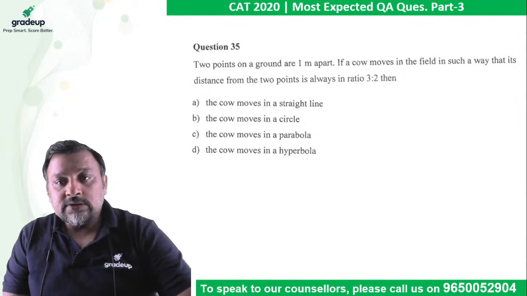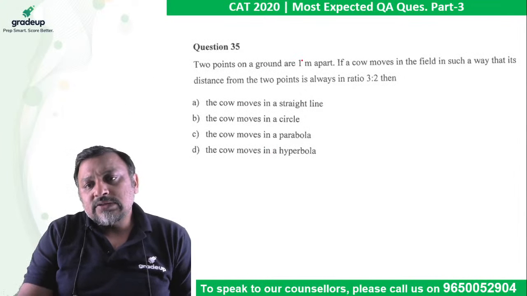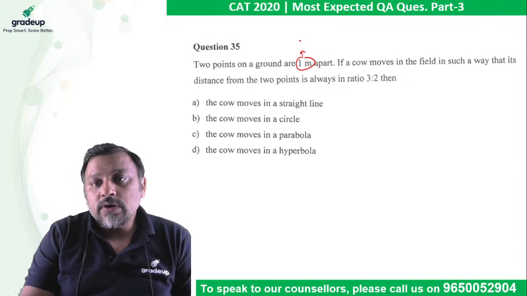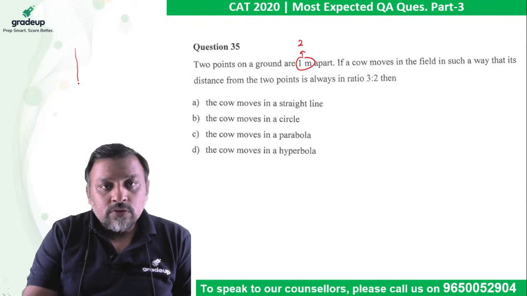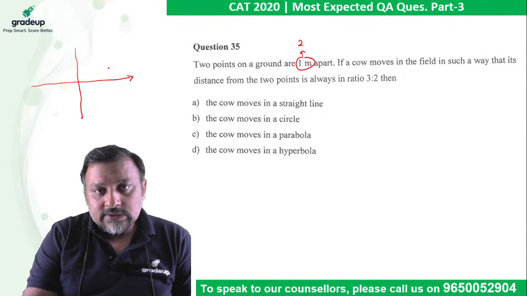Okay, let's check this. See, even in place of 1, if I take a 2, 3, 4, 5, it won't make any difference to the outcome. So just for simplicity, I am taking it to be 2. So let us say there are 2 points on this x-axis: one is (-1, 0) and the other is (1, 0).